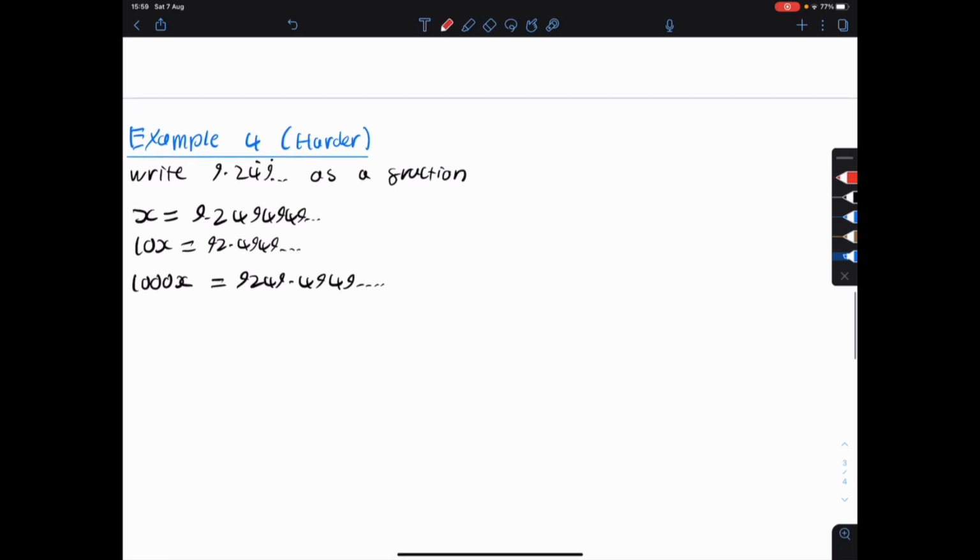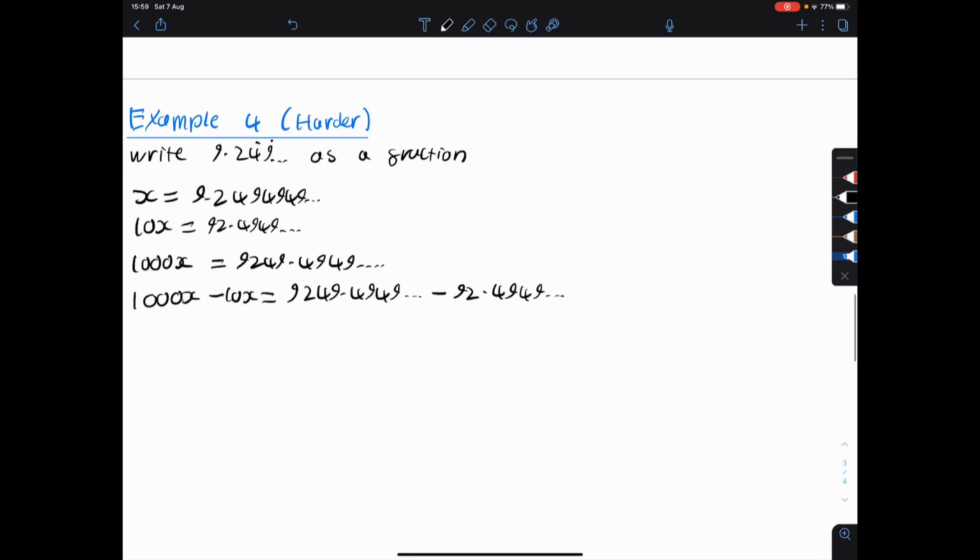And now you might be able to see we can use this 10x and this 1000x to cancel out those reoccurring decimals. So we have 1000x take 10x equals 249.49 reoccurring take 2.4949, so on.